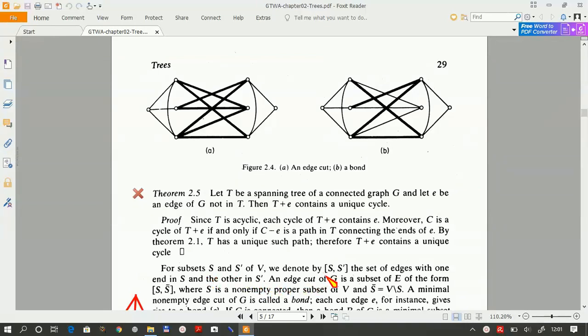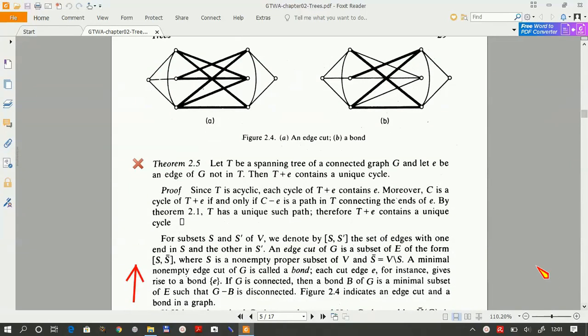An edge cut of G is a subset of E of the form square bracket S comma S bar square bracket, where S is a non-empty proper subset of V, and S bar is its complement. It's all the other vertices of V.